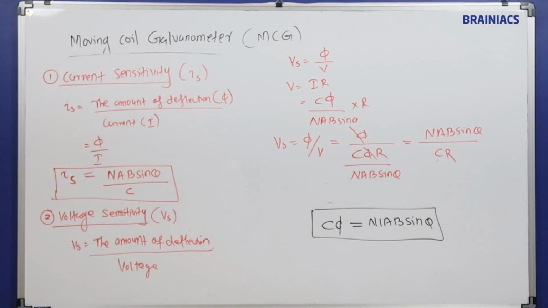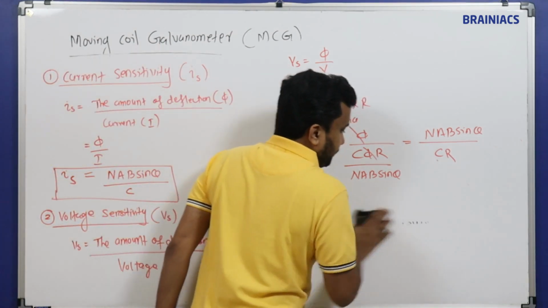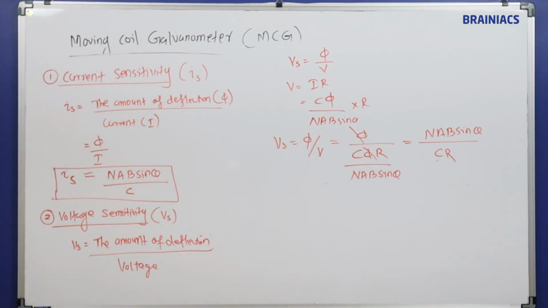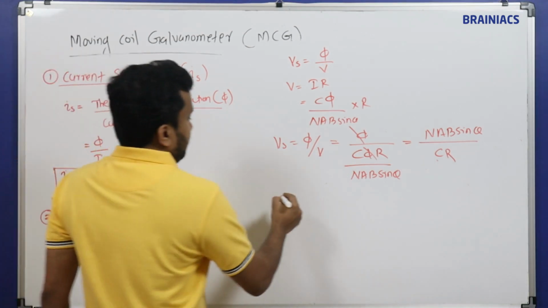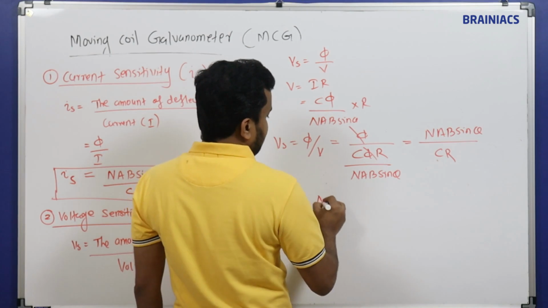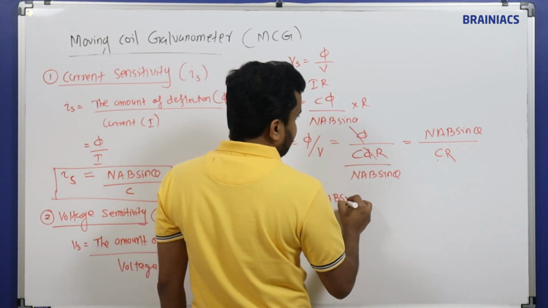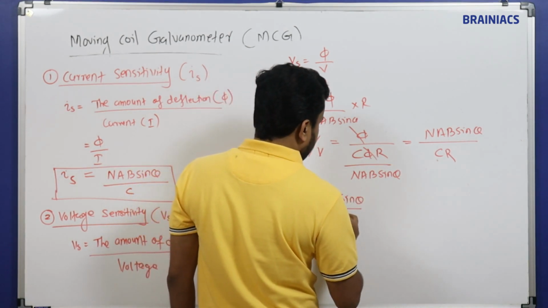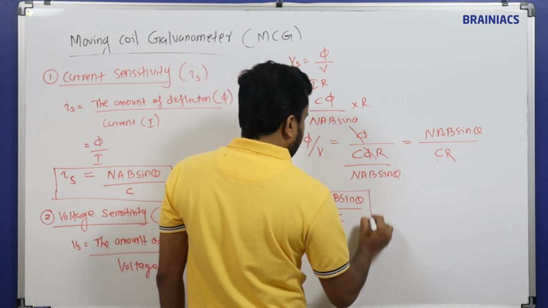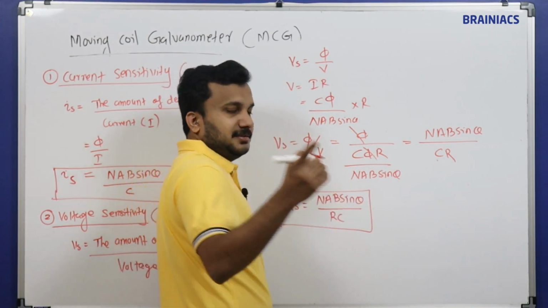So we'll write these equations in the next steps and put them in a box so that they will not get missed. Voltage sensitivity is equal to NAB sin theta divided by RC. C is a constant. C is not capacitance.